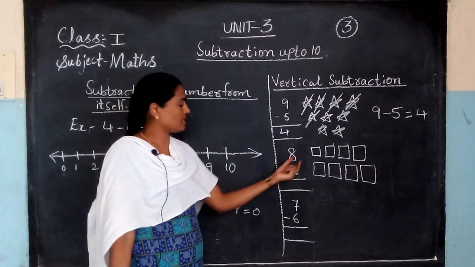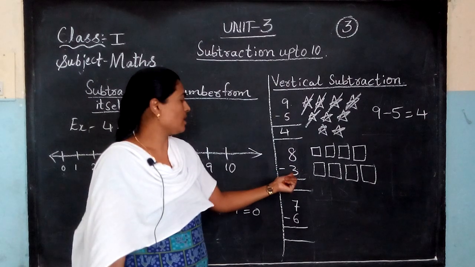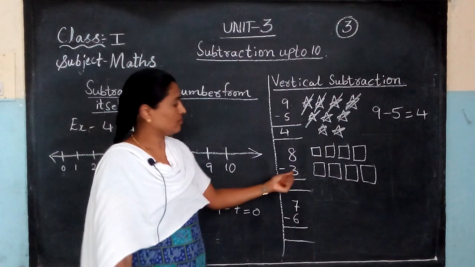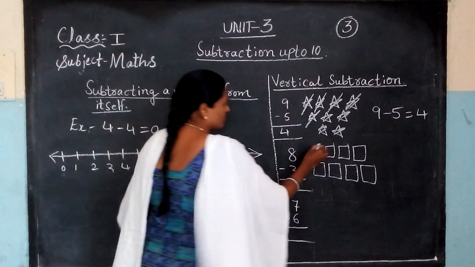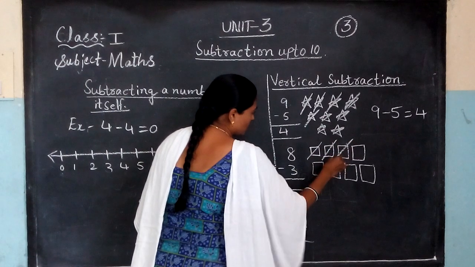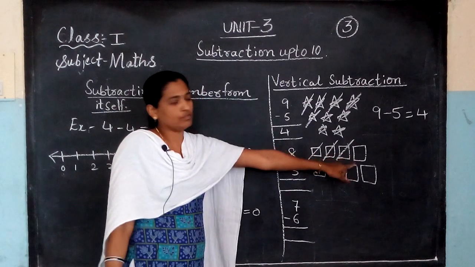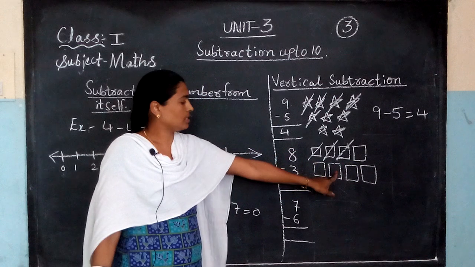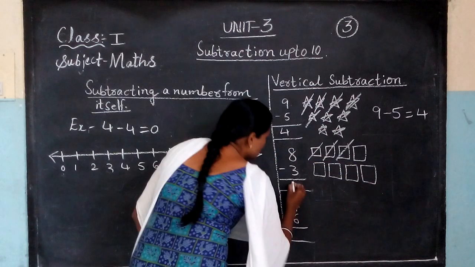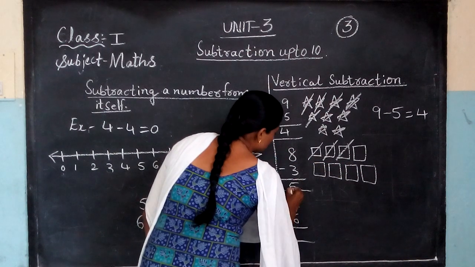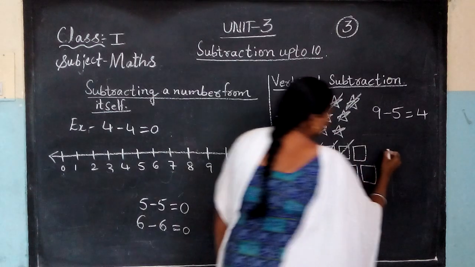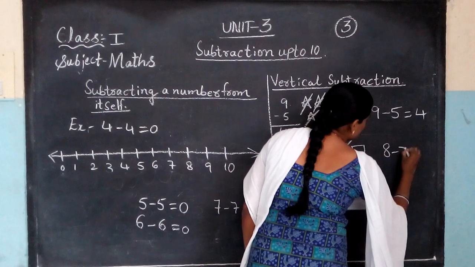Among these 8 squares, which number do you have to take away? 3. You have to cut off 3: 1, 2, 3. How many are remaining? Count: 1, 2, 3, 4, 5. This is vertical subtraction, 8 minus 3.